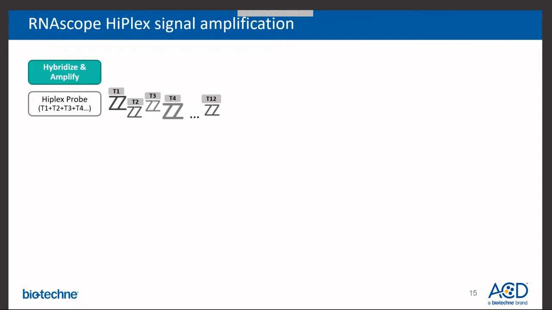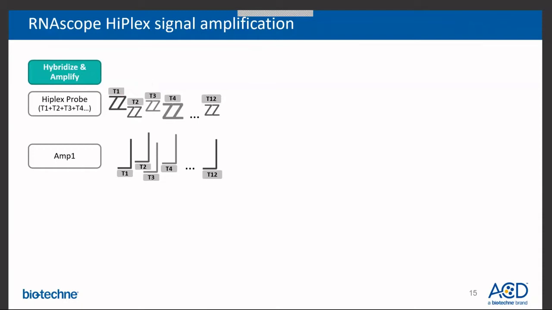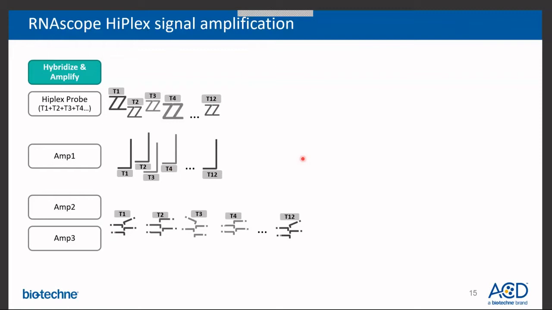Now, the way this works is not only do the probes have tail sequences up top here that make them distinct from one another, but with the step AMP1, you're applying a cocktail of pre-amplifier molecules, which have complementary sequences that match them to their correct probe. And likewise, in AMP2 and AMP3, you finish out all 12 flavors of amplification tree because the ZZ pairs of a T1 HiPlex probe will only be bound by a T1 preamplifier molecule.